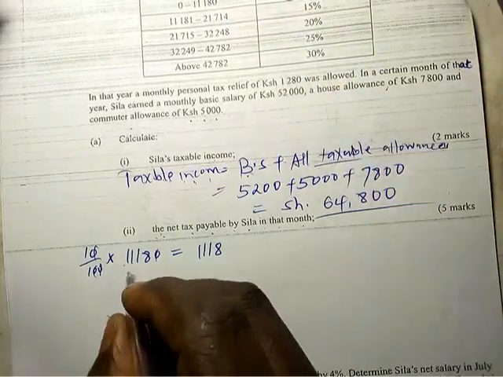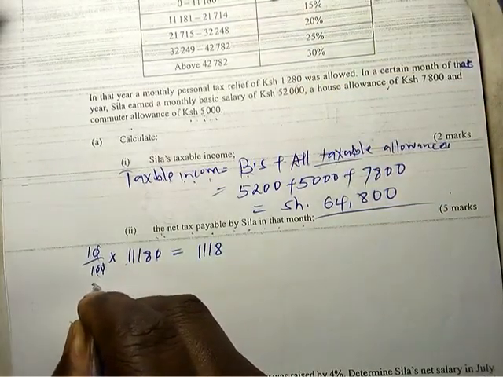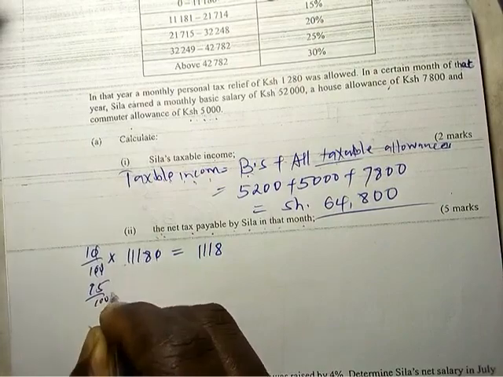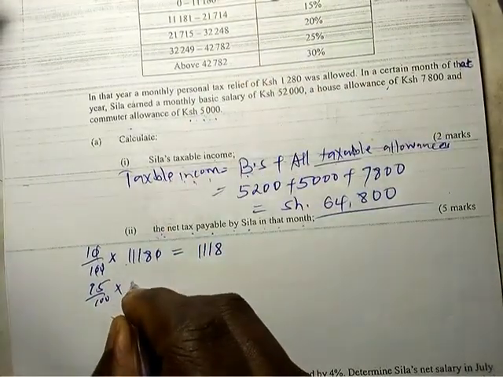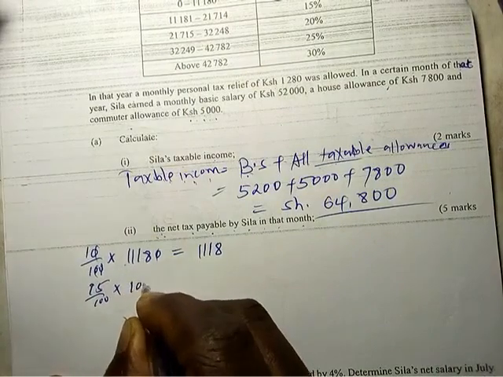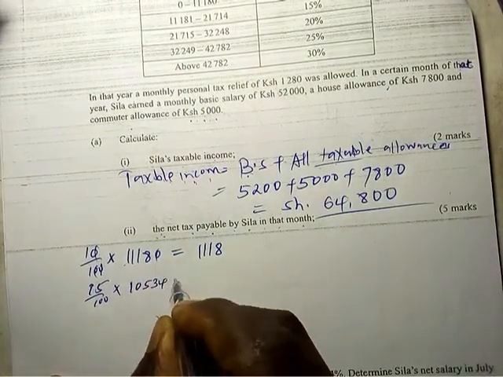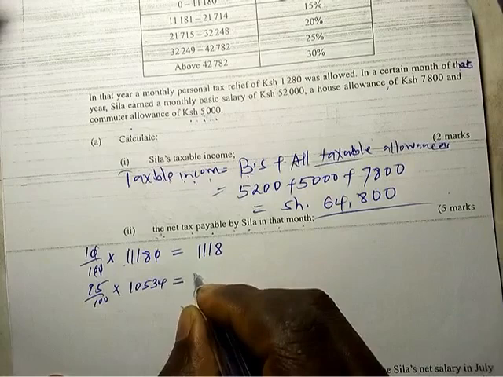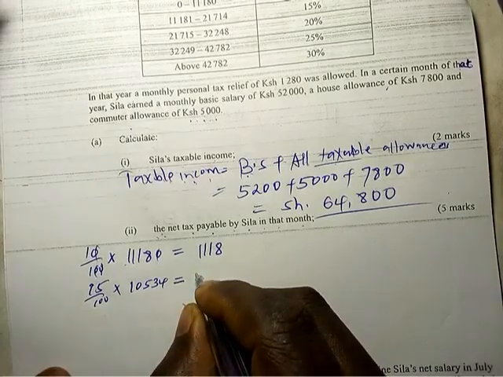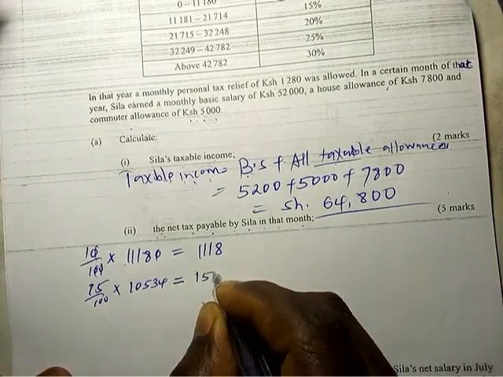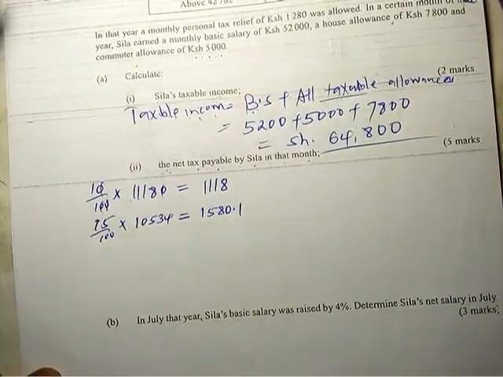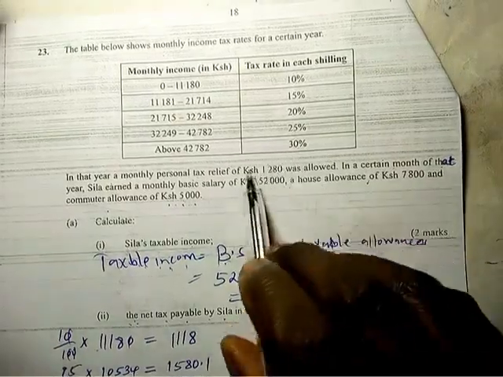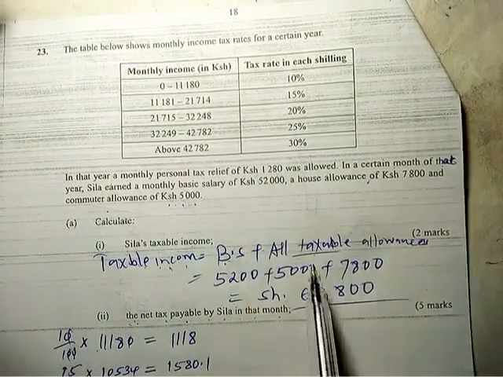The next slab is 15 over 100 times that one, which is going to be 10,534, and it will give us 1580.1.